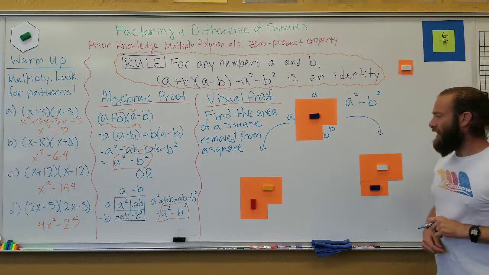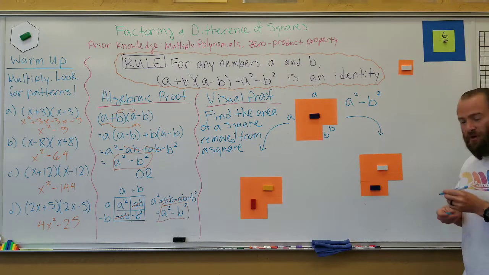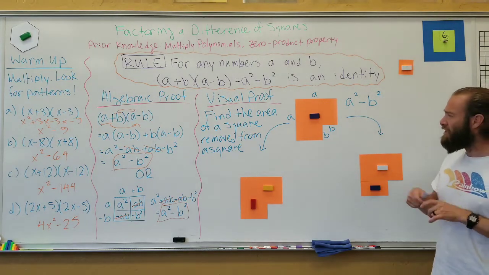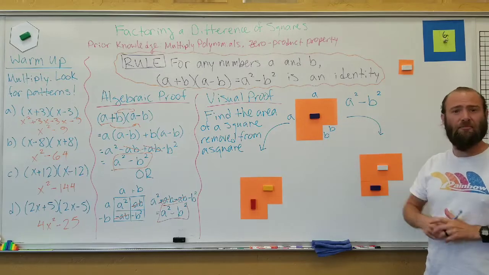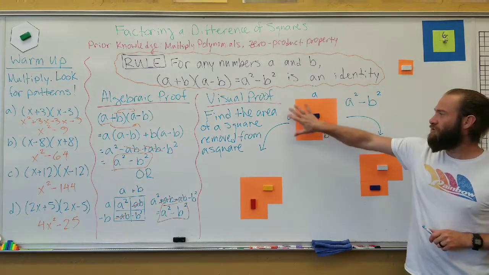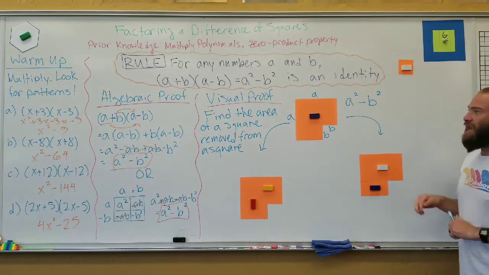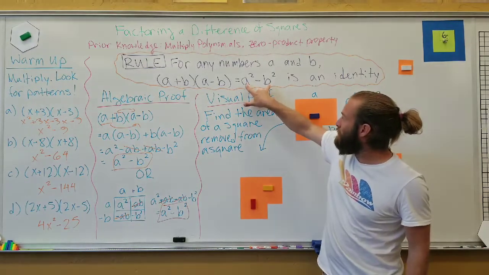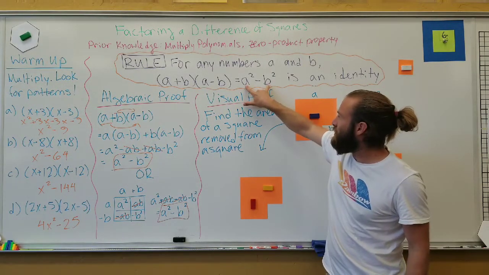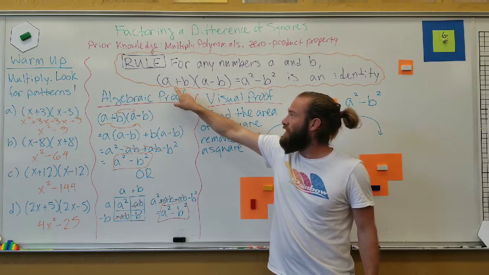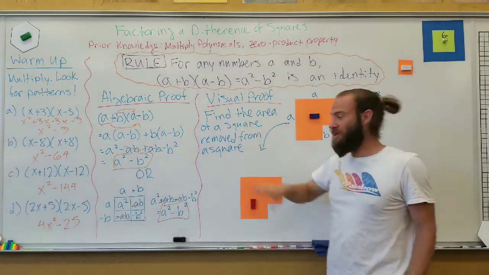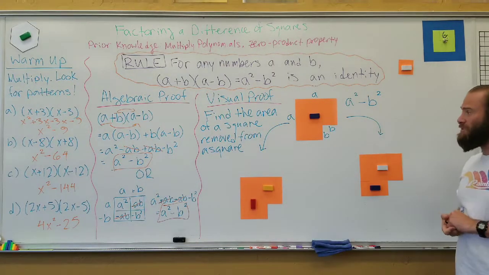What we're going to look at now is two different ways to calculate the area of this shape without just directly subtracting the bigger area minus the smaller one. And you will see that this expression is actually equivalent to a plus b times a minus b, from breaking this apart into pieces.